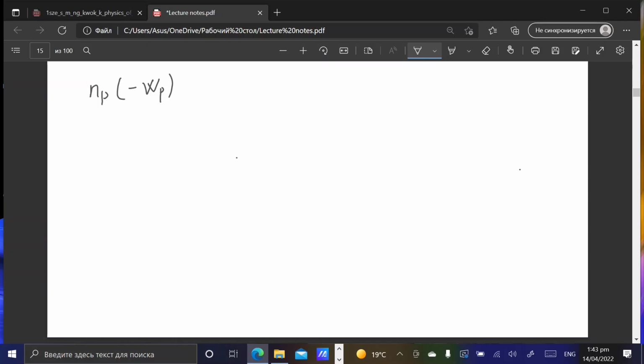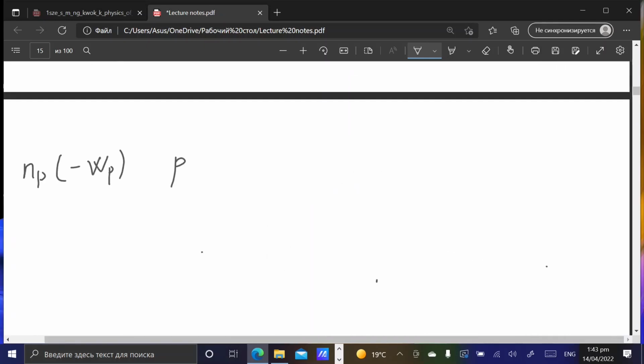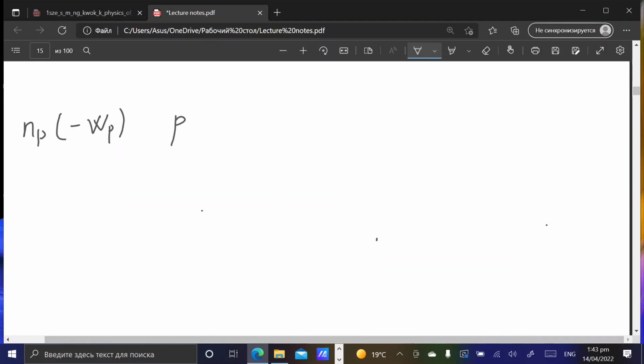And also we need to know the minority charge carriers, which are holes in the n-type region. That is coordinate W_n.